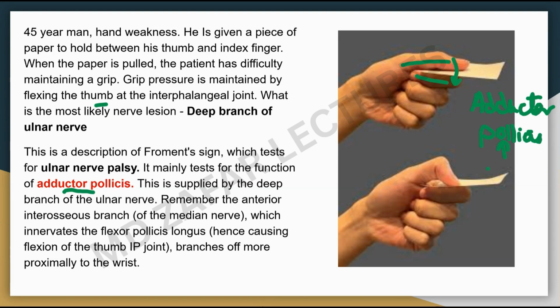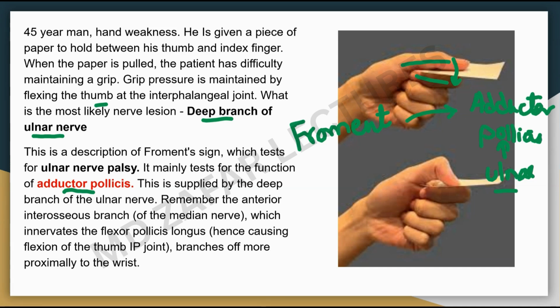If we talk in more detail, the deep branch of the ulnar nerve is going to supply the adductor pollicis. And all of this test is known as Froment's test. This is the test which can separately be tested; Froment's test is used to test for adductor pollicis. The answer would be adductor pollicis.